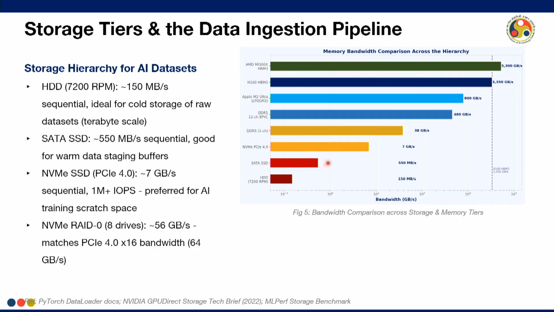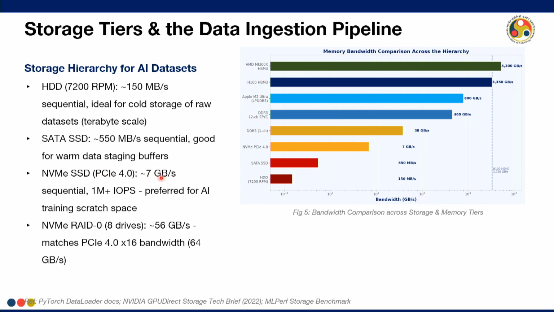On top of that, if we go higher in the hierarchy, we have NVMe, the non-volatile memory express, with different series. NVMe SSD on PCIe 4. PCIe is another interface which we can use to mount your NVMe SSD, which gives you around 7 gigabytes per second.